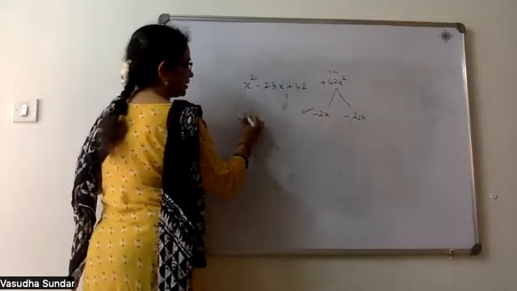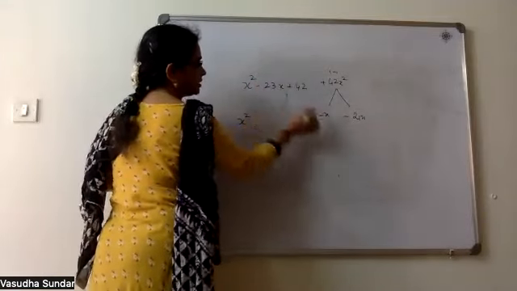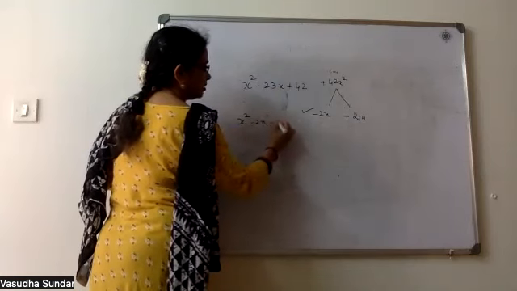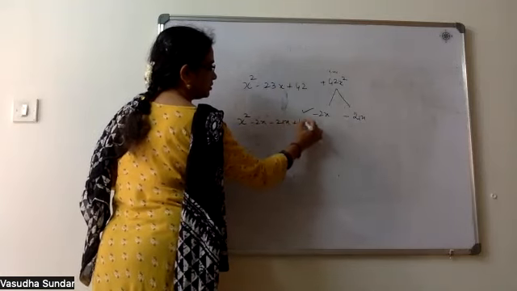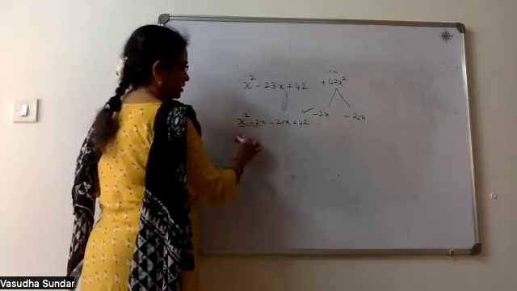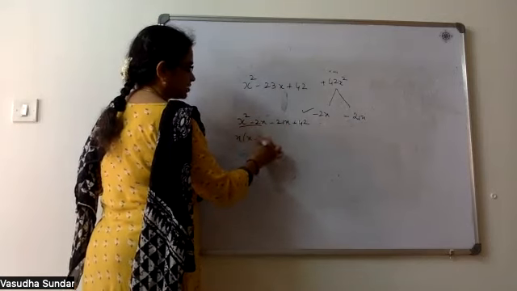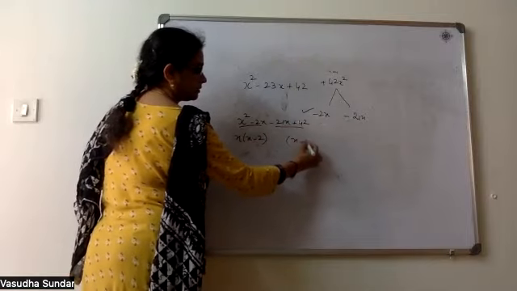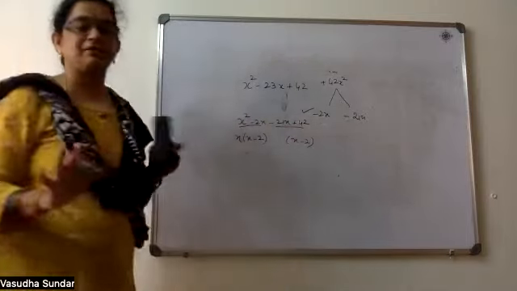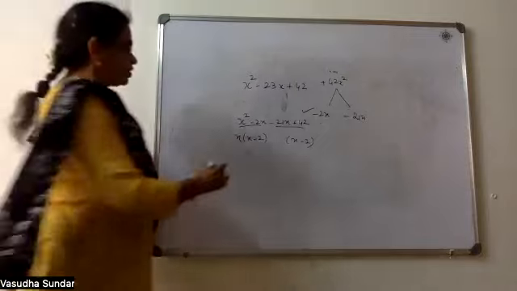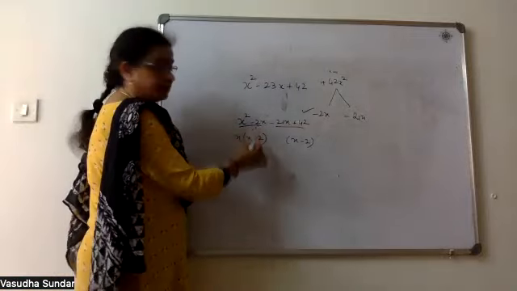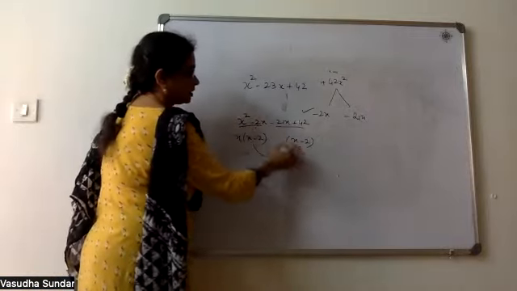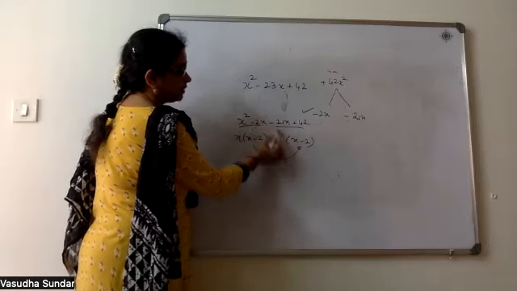So this will be x squared. I'm going to split this as minus 2x minus 21x plus 42. Here x is common, x minus 2. Now see, I put x minus 2 here. I don't want to confuse myself whether plus or minus. So this you have to do correctly, mind you. I want minus 21x here.